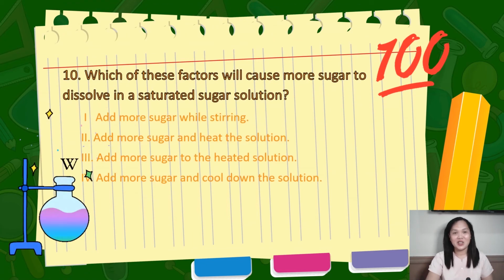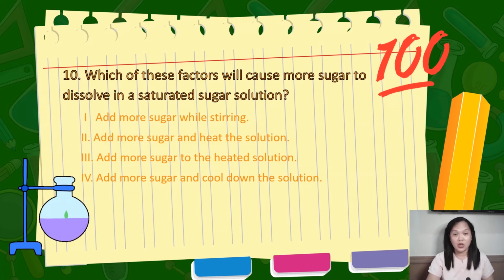Number 10. Which of these factors will cause more sugar to dissolve in a saturated sugar solution? 1. Add more sugar while stirring. 2. Add more sugar and heat the solution. 3. Add more sugar to the heated solution. 4.